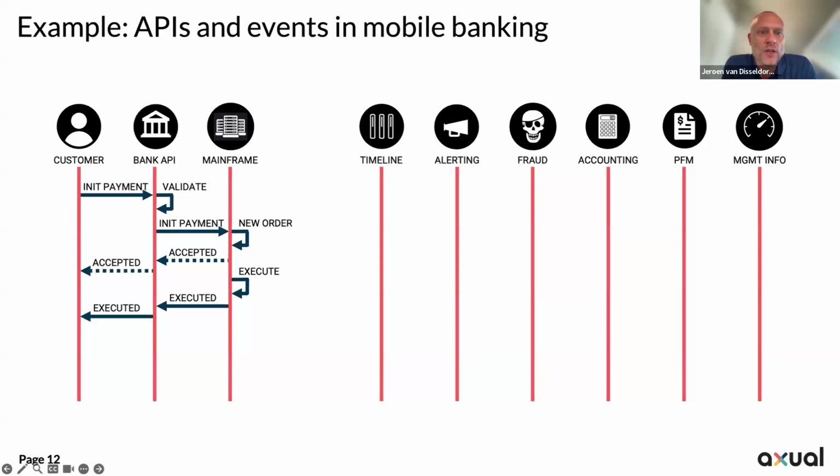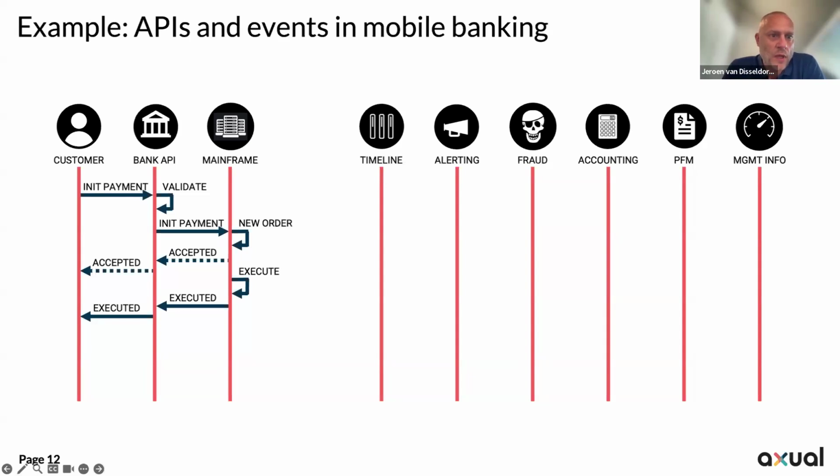Customers may want to be alerted about transactions that took place. Fraud detection needs to take place. Accounting needs to happen. Personal finance management needs to happen because customers want to know what categories of expenses they spent their money on. And of course, the bank has managerial info that they also need to update for these transactions.